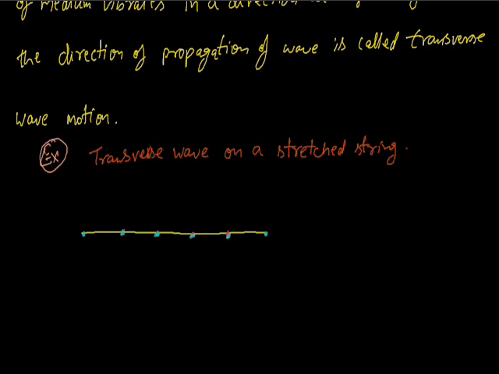As we give a small jerk towards one end of this string, we will find that there is a displacement in the first particle along its mean position, and that displacement is in the perpendicular direction to the stretched string.